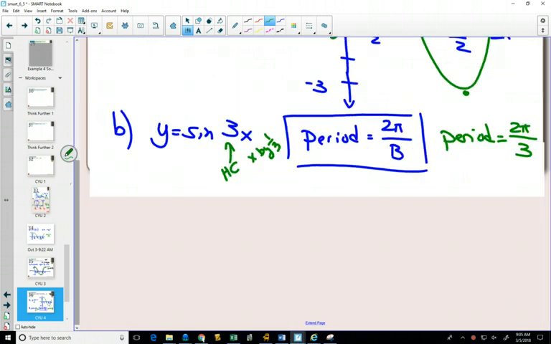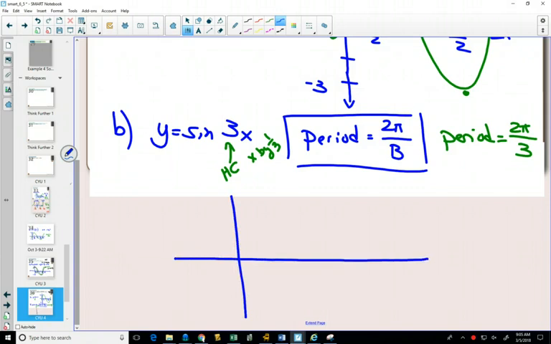So what does this mean for graphing this? This time there's no vertical stretch or compression, so our maximum is 1 and our minimum is -1. Our period, we always mark one period. Instead of marking 2 pi here, now we're going to mark 2 pi over 3.